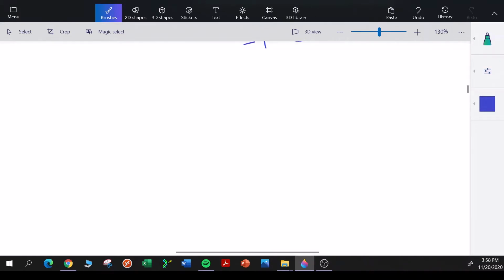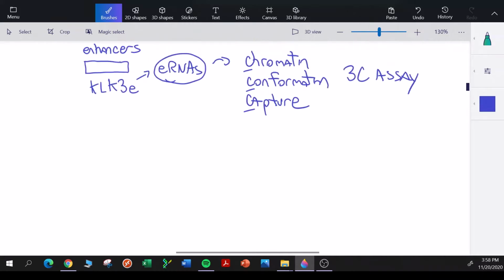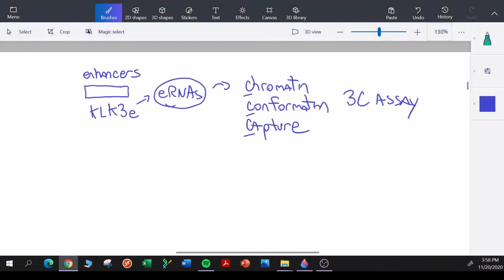Essentially, it allows a researcher to detect interactions between distant DNA loci. So it's really useful for detecting interactions between enhancers and target genes at distant locations in the genome, distant from the enhancer.